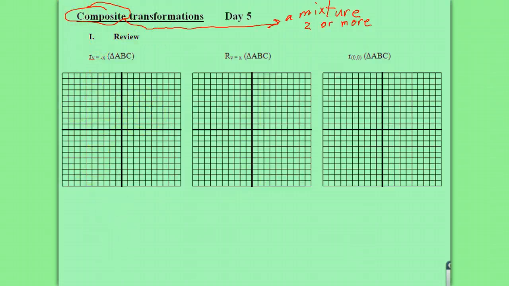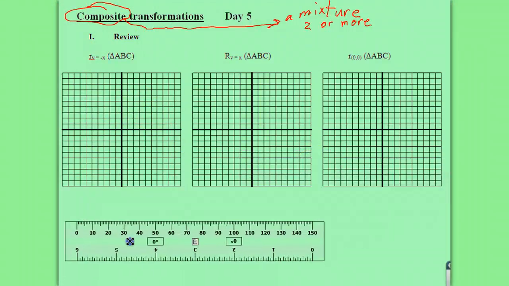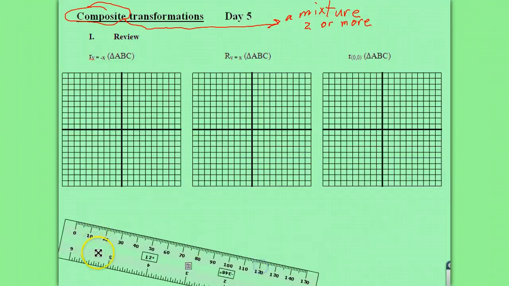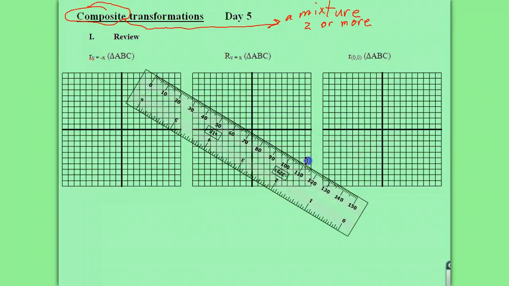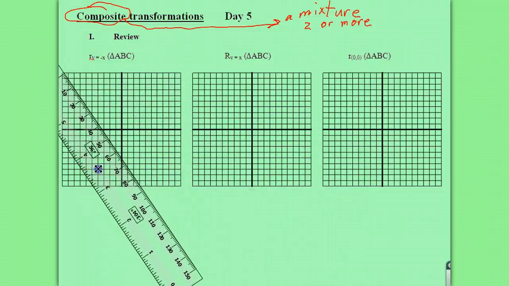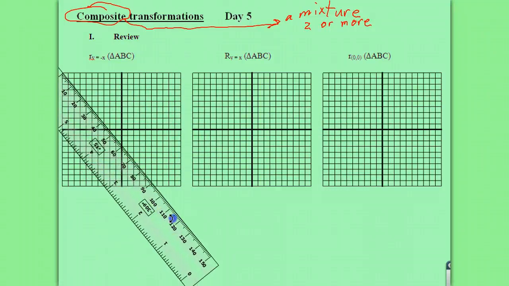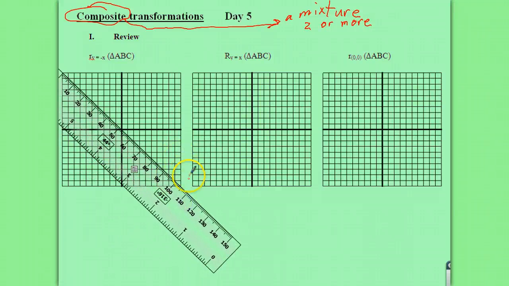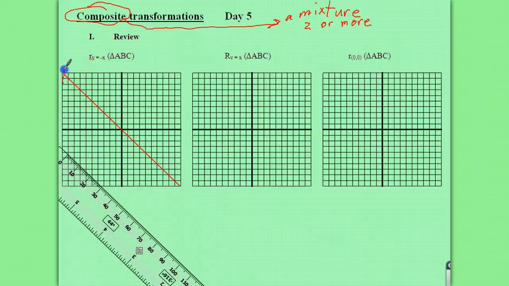Let's do a little bit of review first though. We know the y equals x line goes from bottom left to top right. However, the y equals negative x line goes from top left to bottom right, the opposite. So this is also a line that we might reflect over or through. Okay? And we'll reflect this triangle A over here, which would be A prime.